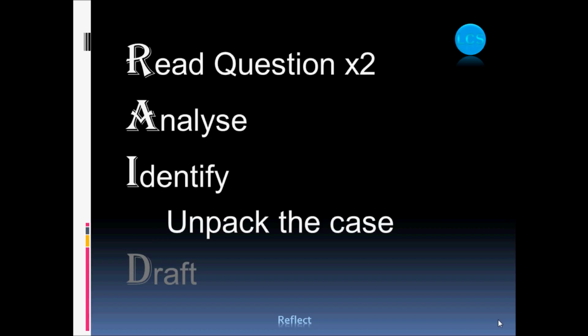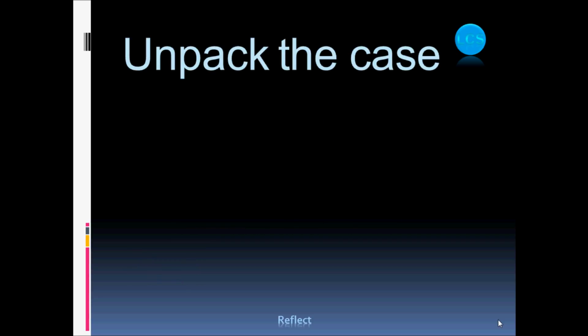We've now read the question, and we've read it twice. We then analyze the question into its component parts, identify the theories, tools, and techniques that will enable us to deal with the case. We are now ready to unpack the case. In the process of unpacking the case, we can deploy a number of additional techniques that will enable us to do a more effective job.